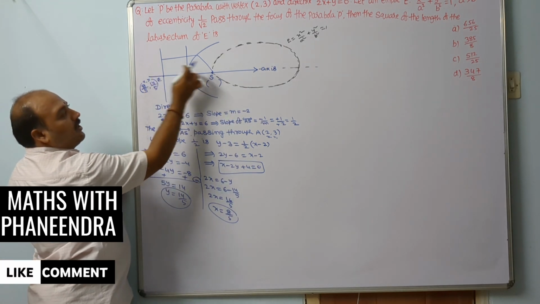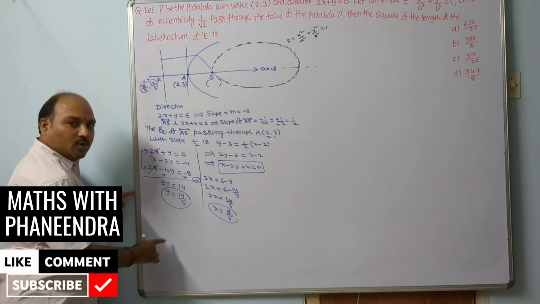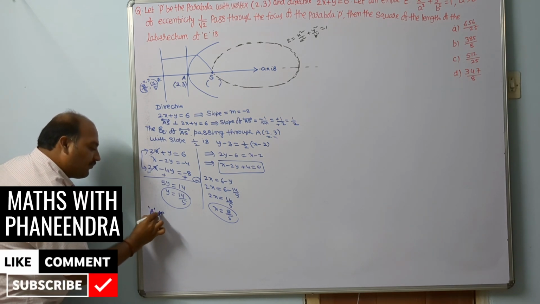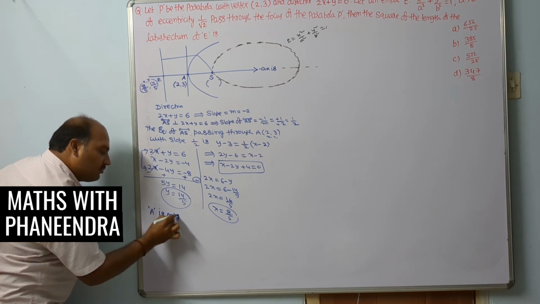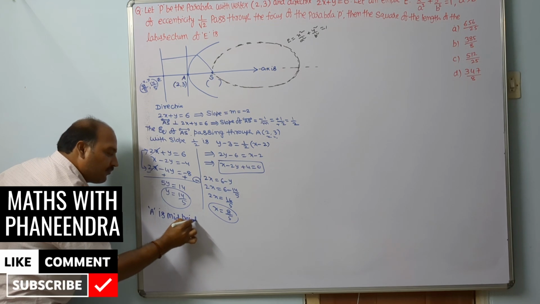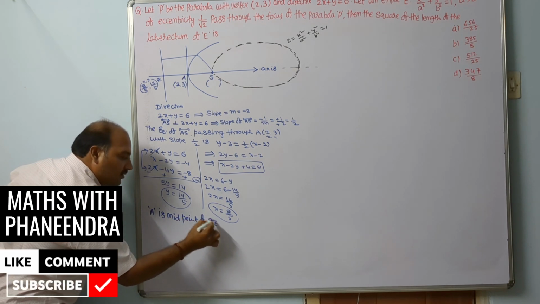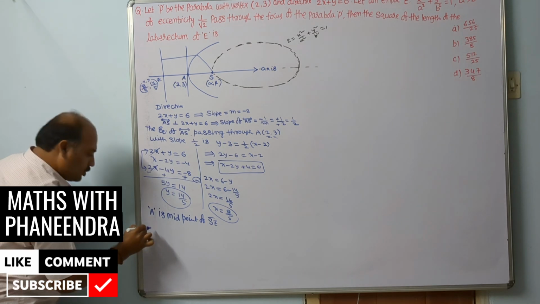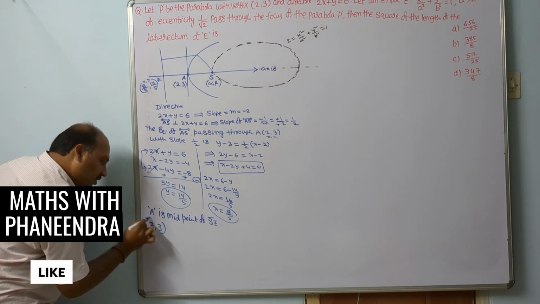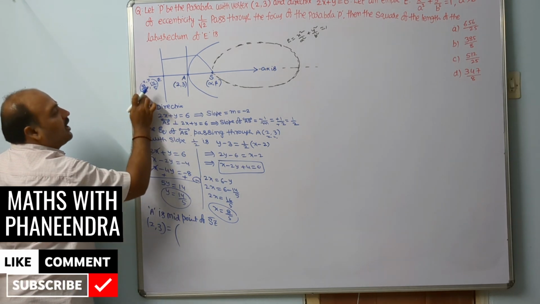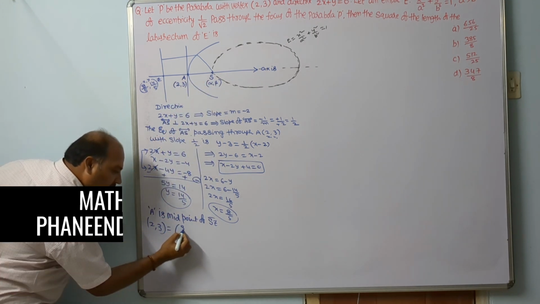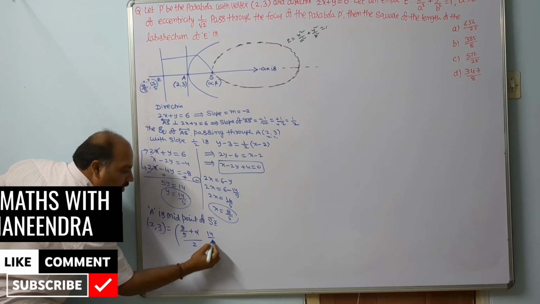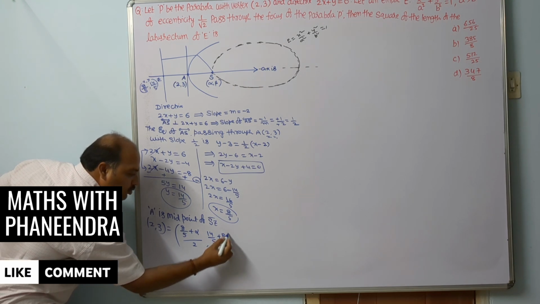A is the midpoint of SZ. So, can you see here? A is the midpoint of SZ. Let us assume that this is alpha and beta. So 2 comma 3 is equal to the midpoint, meaning 8 by 5 plus alpha by 2, 14 by 5 plus beta divided by 2.